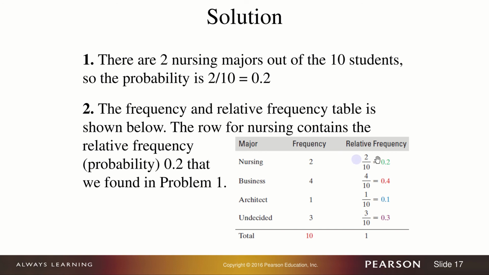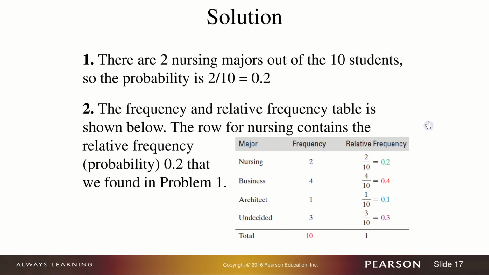Why does it make sense? Because you're adding relative frequencies, right? So now you can clearly see how the relative frequency and the probability are basically the same. So there are 2 ways you can express the fact that there are 2 nursing students. You can say the relative frequency of nursing majors in that group of 10 students is 2 out of 10, right?